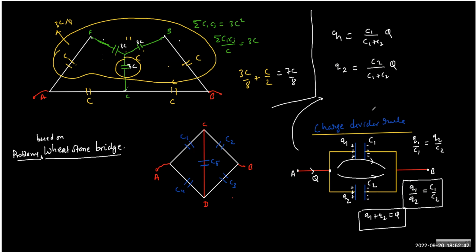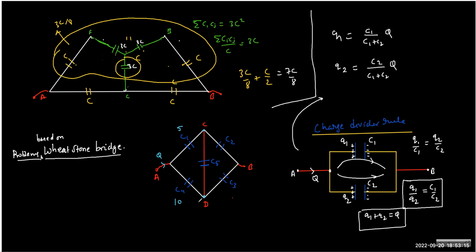Now, when we have a 5-branch circuit, then the middle branch is equidistant from both the ends, right? Now, when some charge will reach here, and if C1 and C4 will have some ratio, let's say C1 is 5 and C4 is 10. What is the ratio? 1 by 2.